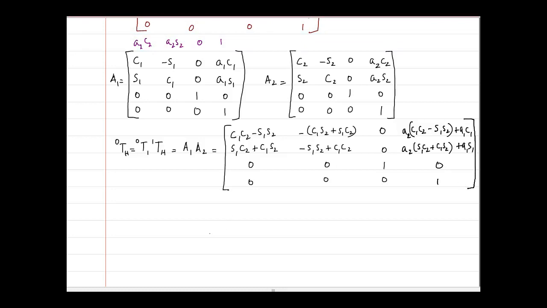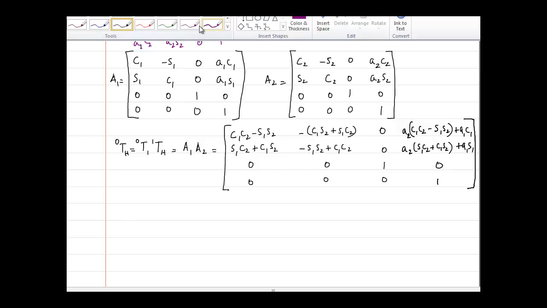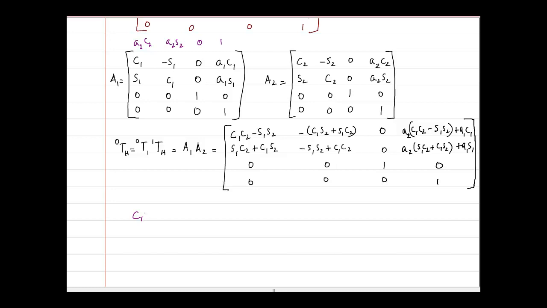Now see, I can actually reduce this because I know already that cos theta 1 sine theta 2 plus cos theta 2 sine theta 1 is going to be sine of theta 1 plus theta 2, which can be written as sine 1 2.